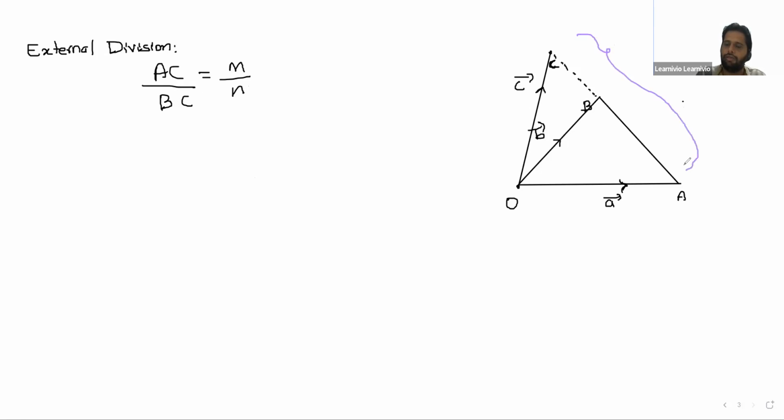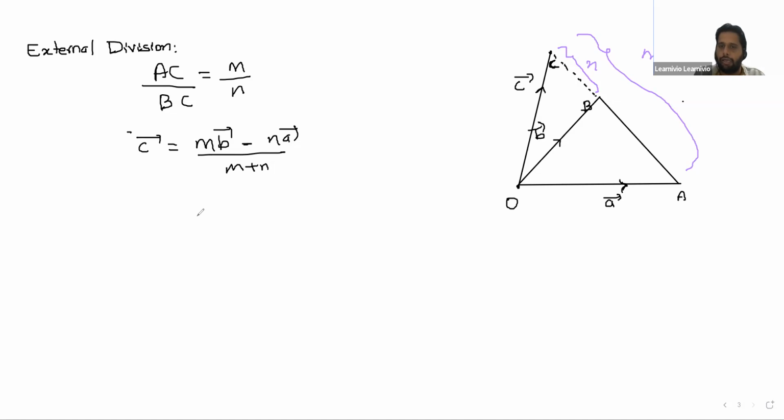I'm taking this one as M, and this we have taken as N. So AC by BC is equal to M by N. Now the only difference you will get in this formula is a negative sign. So we need to find the position vector C. If we check the previous one, the formula was MB plus NA by M plus N. Now here we just need to write negative. So C is equal to MB minus NA by M plus N. So this is your formula for the external division.